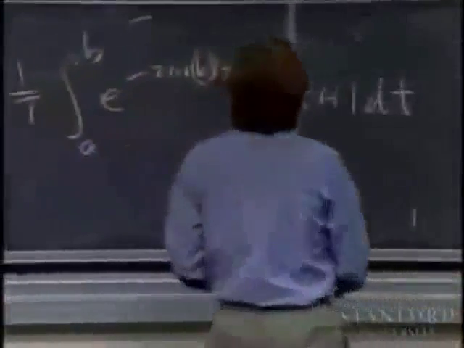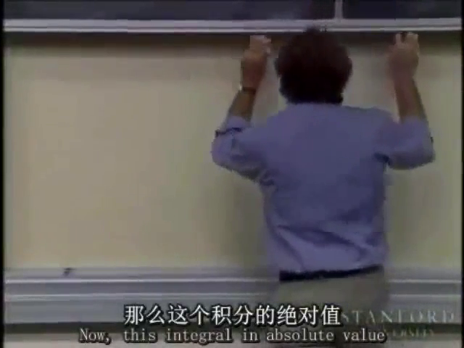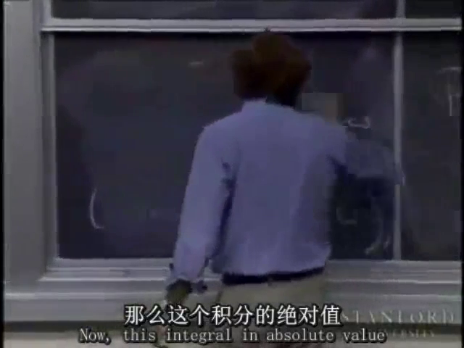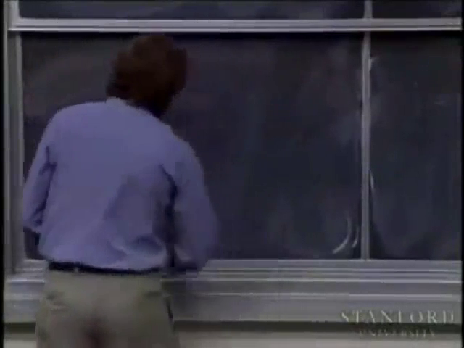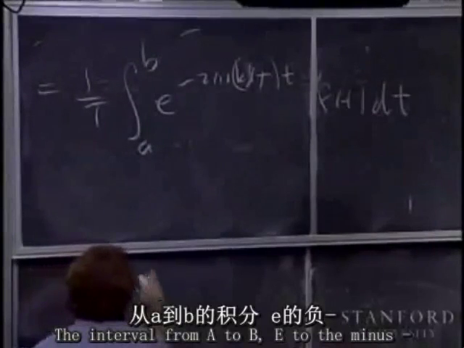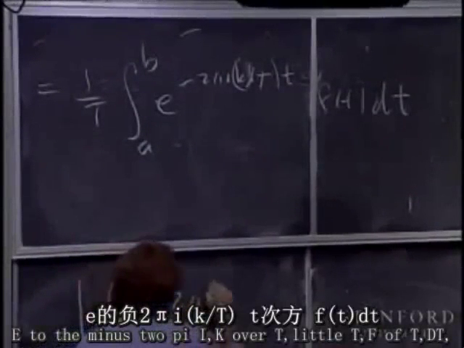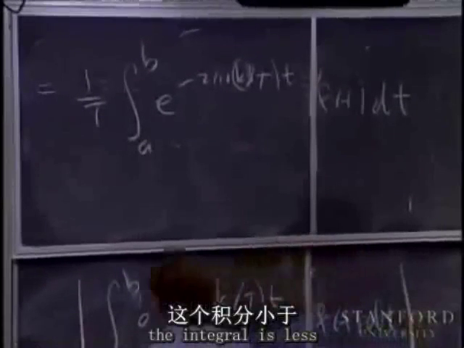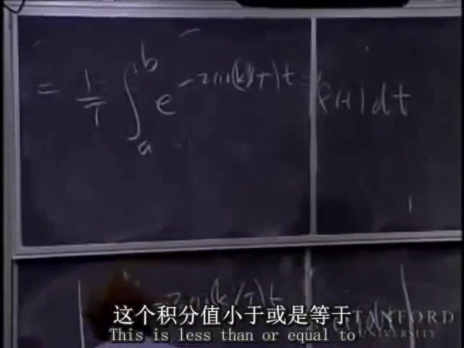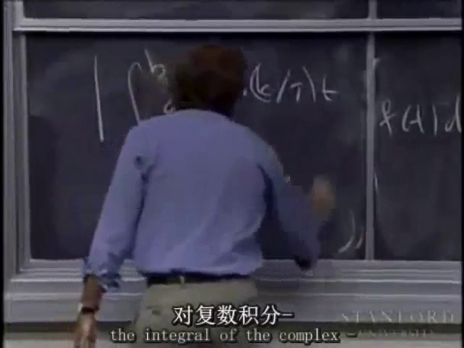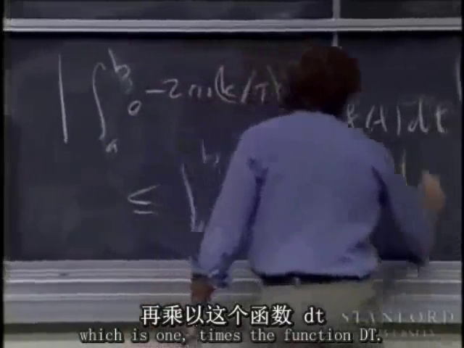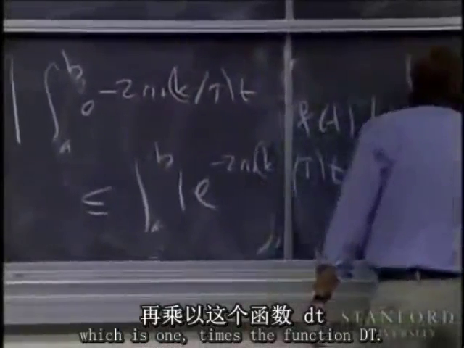Now, this integral in absolute value is going to be bounded. The integral from a to b of e to the minus 2 pi i k t over T, f of t, dt. The absolute value of the integral is less than or equal to the integral of the absolute value. This is less than or equal to the integral from a to b of the absolute value of the complex exponential, which is 1, times the absolute value of f of t, dt.